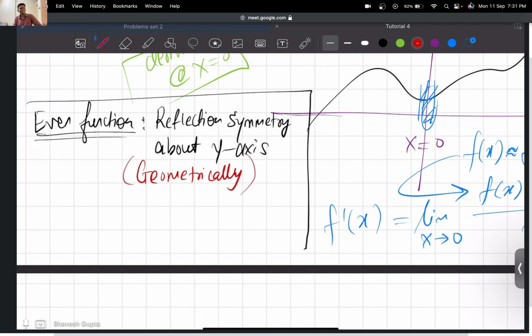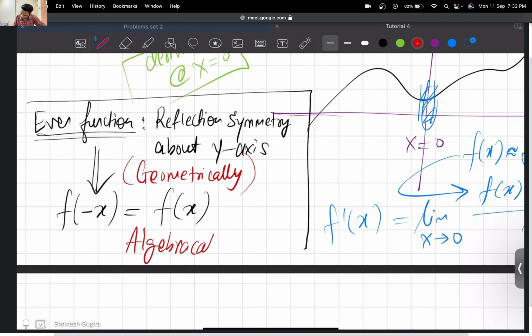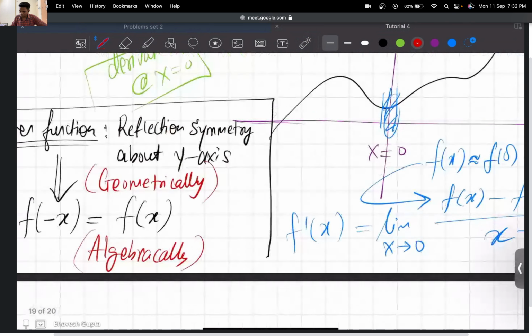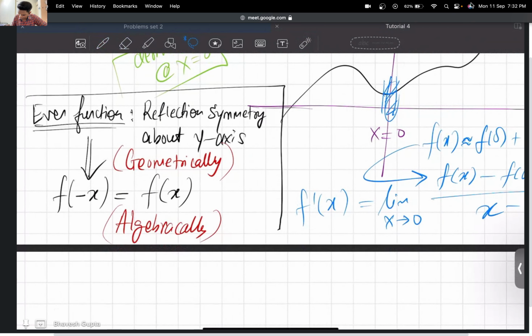But how do we see this algebraically? Algebraically it means that if instead of x you substitute minus x, it is still equal to the positive counterpart. The negative is equal to the positive counterpart, and that's what we call an even function. That's how an even function is defined. Now what about the odd function?